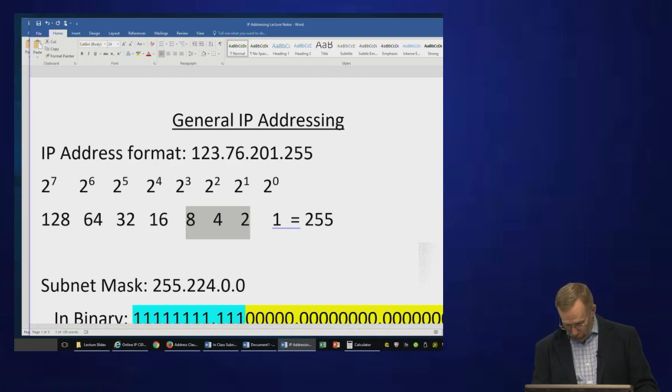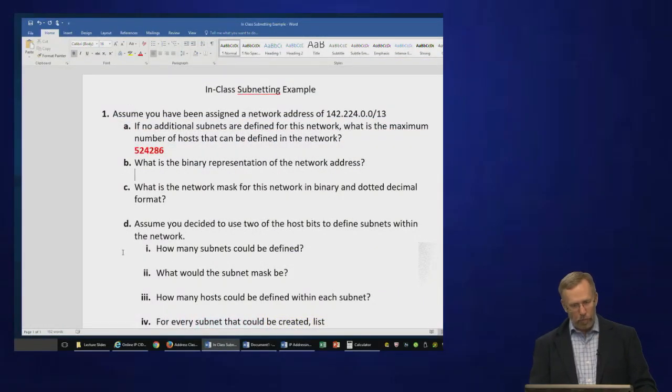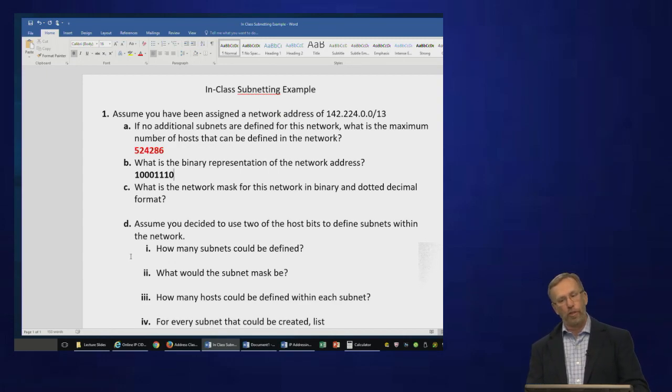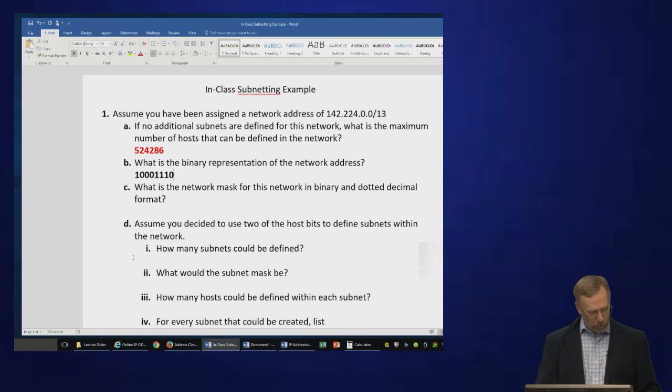So if I go back now to the other sheet, I could put that in here. We had 1, 0, 0, 0, 1, 1, 1, 0. So that's what 142 is in binary. I can do the same thing with 224. 224 is a 128 plus a 64, which gives us 192 plus 32 gives us 224.